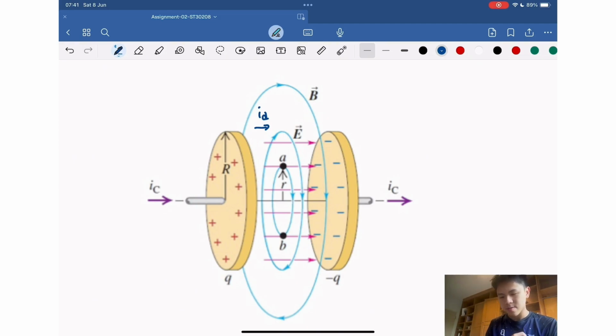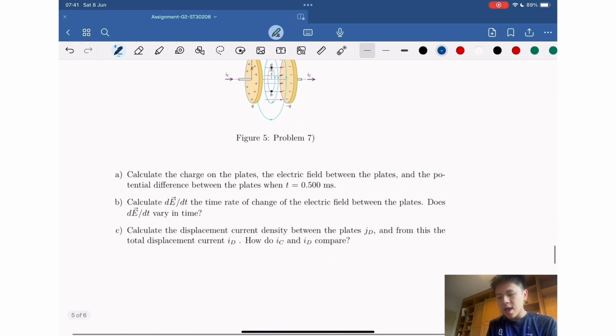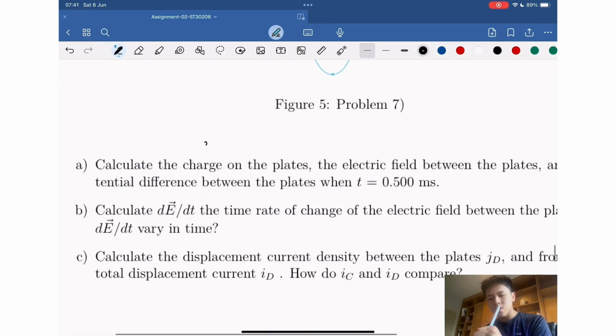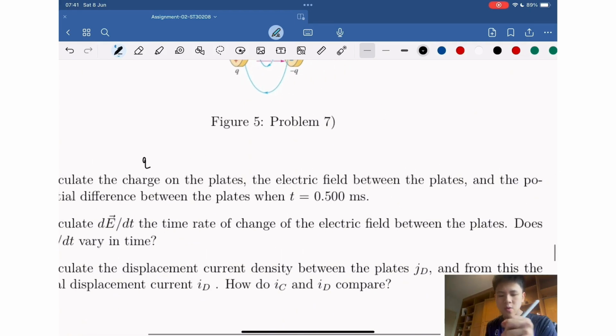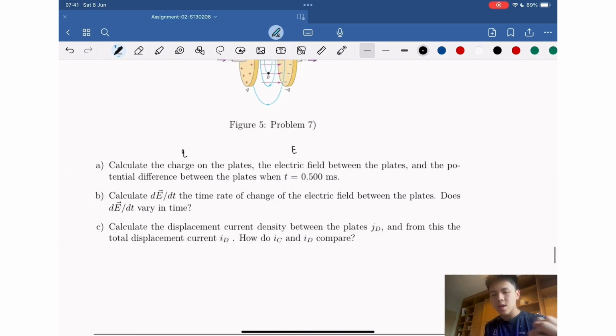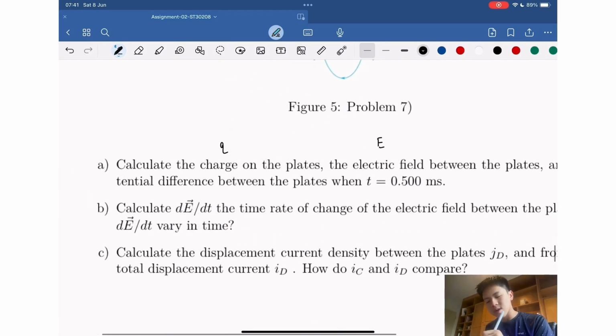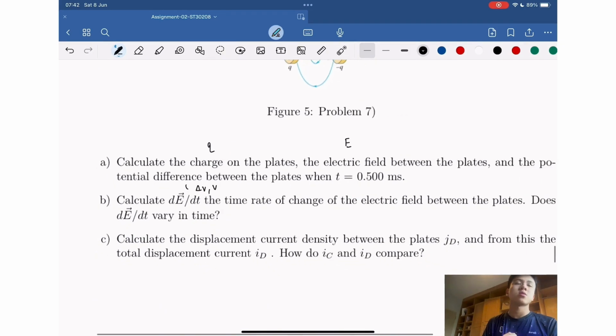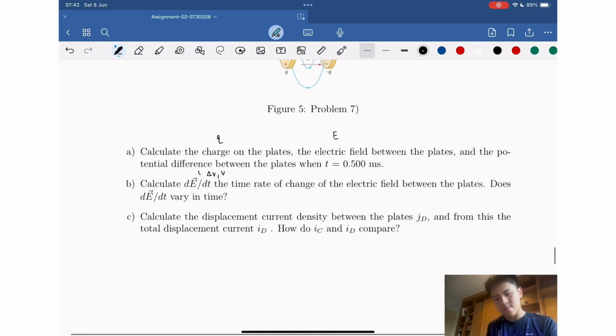The first question is to calculate the charge Q, the electric field E between the plates, and the potential difference between the plates, delta V, at t equals 0.5 millisecond.